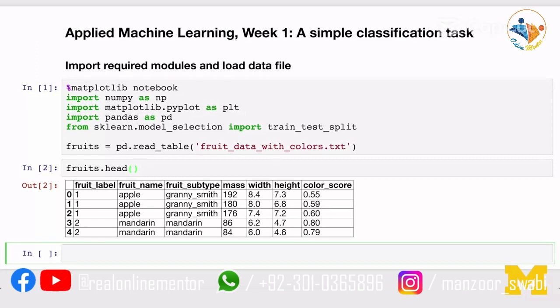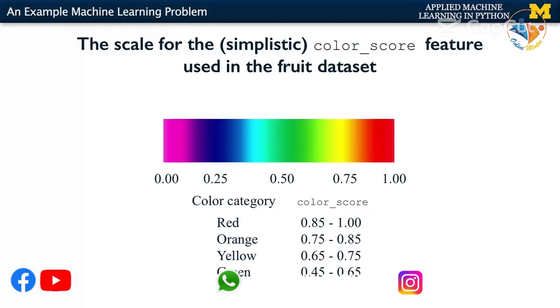And finally, there's a feature stored in a column called color score that's meant to be a single number that captures a rough idea of the color of the fruit. So in a real system, this would actually be something more sophisticated, like a histogram of the distribution of colors, or maybe the pixels from an actual image or video of the fruit.